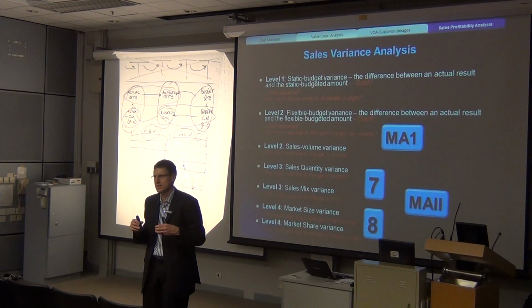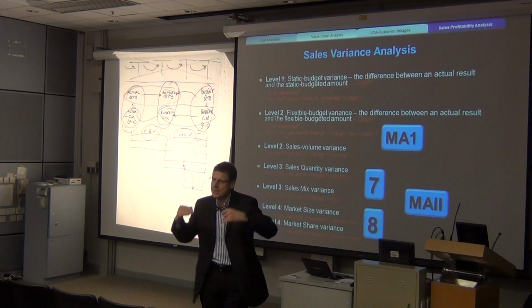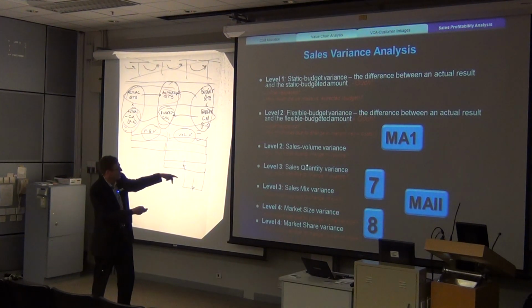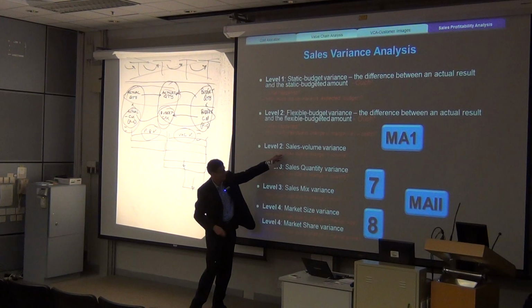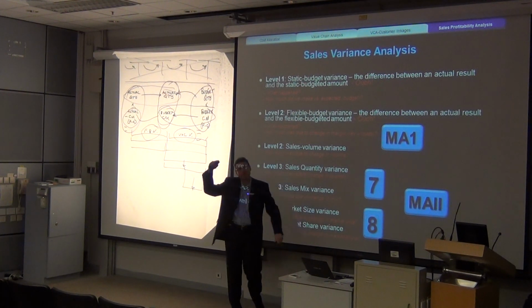So the lecture here is not to tell you how to do the variance analysis. I just want to impress on you that different levels affect different responsibility. People in charge of volume may not be in charge of the mix. Okay? And the mix might depend on a different product functionality you have.